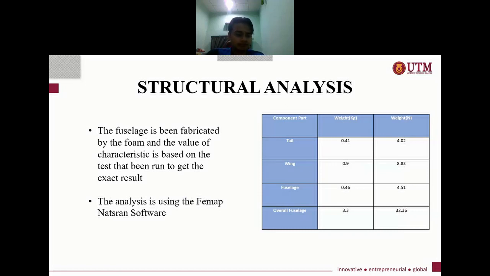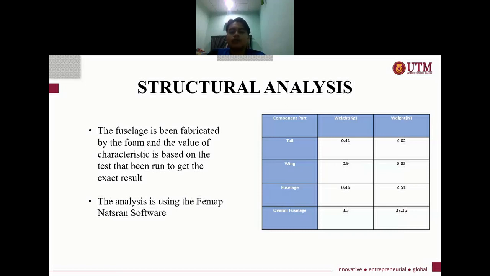So from the test, we need to require the characteristic of the firm. It shows that every part has an individual weight: the tail is 4 Newton, the wing is 8 Newton, and lastly the fuselage is 4.51 Newton.